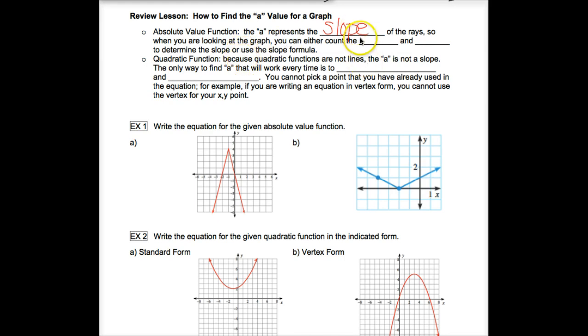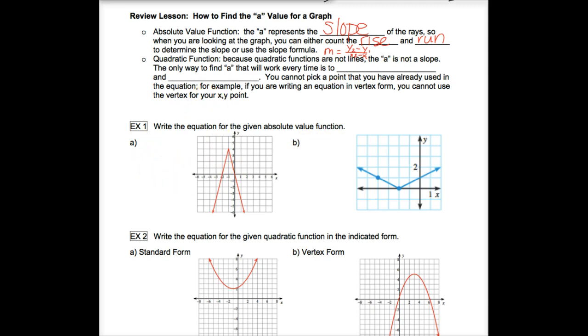You can either count the rise and the run to give you your slope, or you can use the slope formula. If you've forgotten the slope formula, oh, I will be very sad, but here it is. M equals y2 minus y1 over x2 minus x1. It's change in y over change in x is slope.